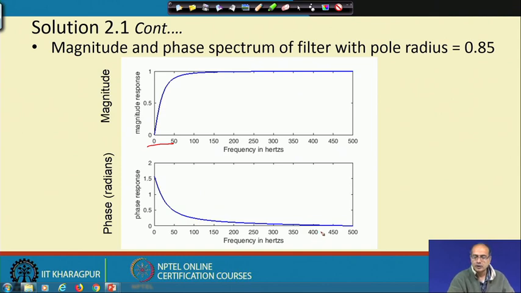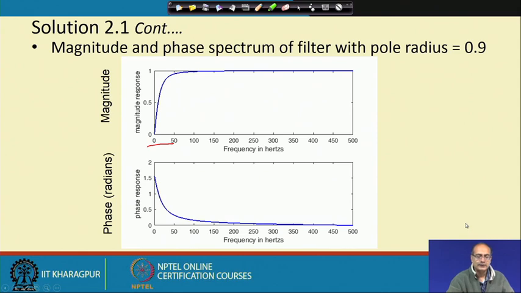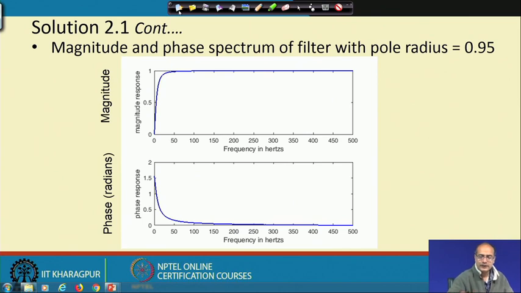Now, we go further. If we take the pole at radius 0.9, we again get a further increase in the sharpness of the filter in the magnitude plot, and in the same way we get more nonlinearity in the phase plot. For 0.95, it has become much sharper.